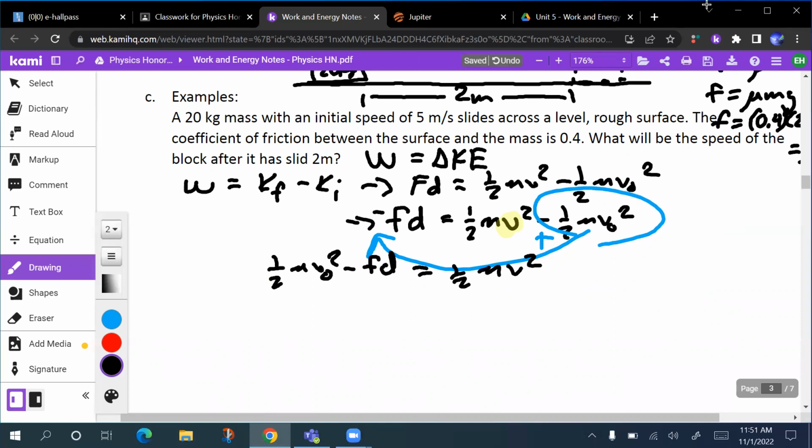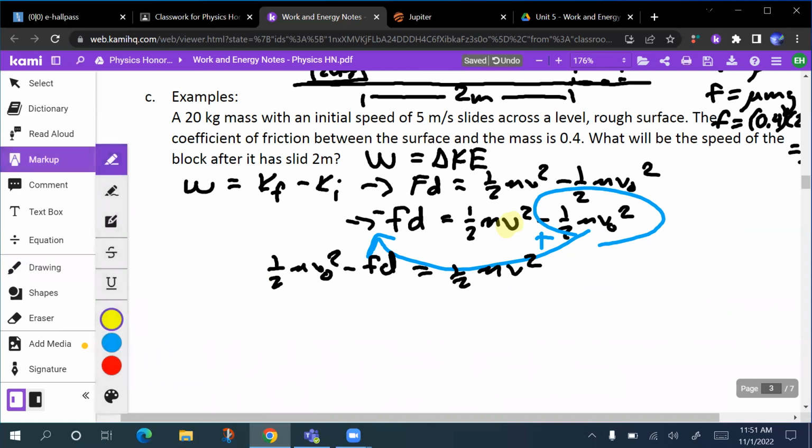Now, in order to get v by itself, I have to get rid of the 1/2, which I will do by multiplying everything by 2. I have to get rid of the m, which I will do by dividing everything by m, and I have to get rid of that squared. So it's going to take me 3 steps to do this.